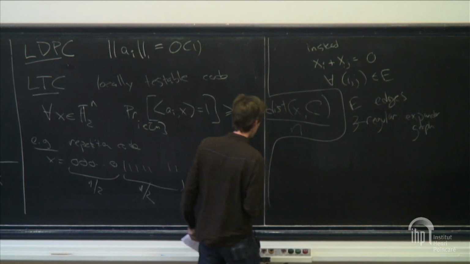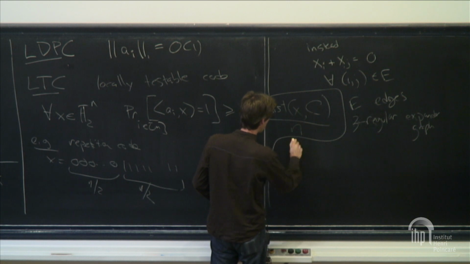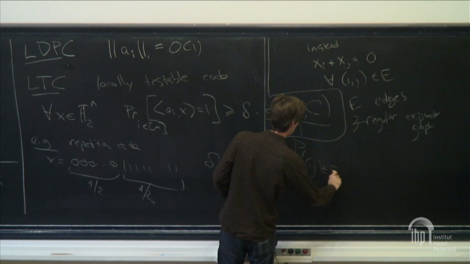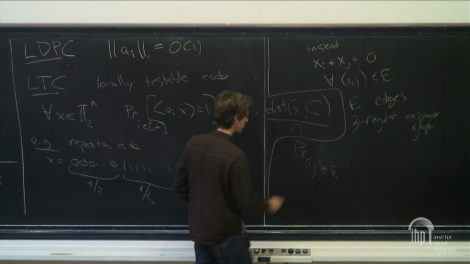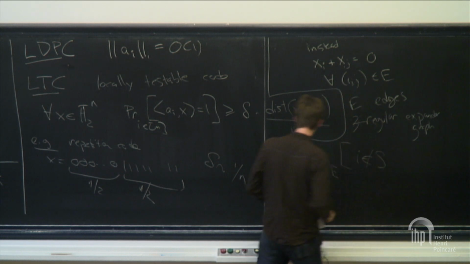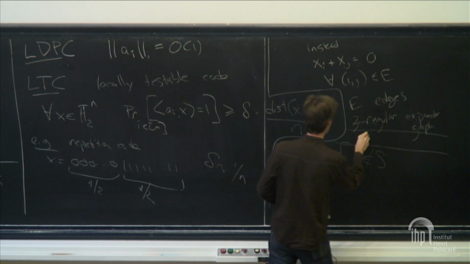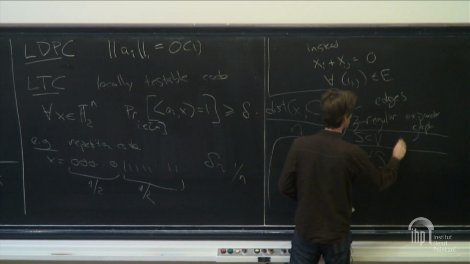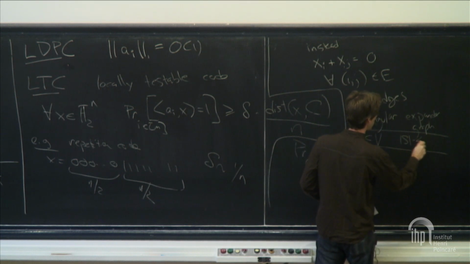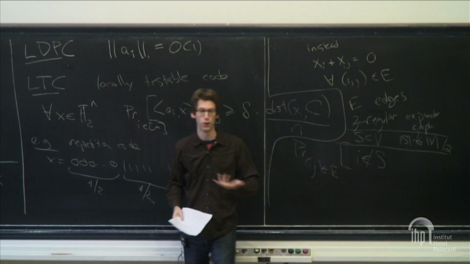Expander graph means the following. Sorry, I forgot to say, let's say that S is a subset of vertices, and the size of S is at most half of the number of vertices.